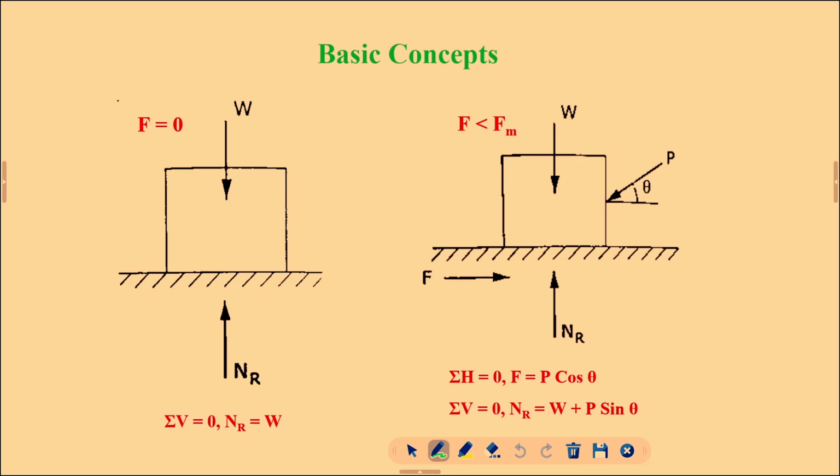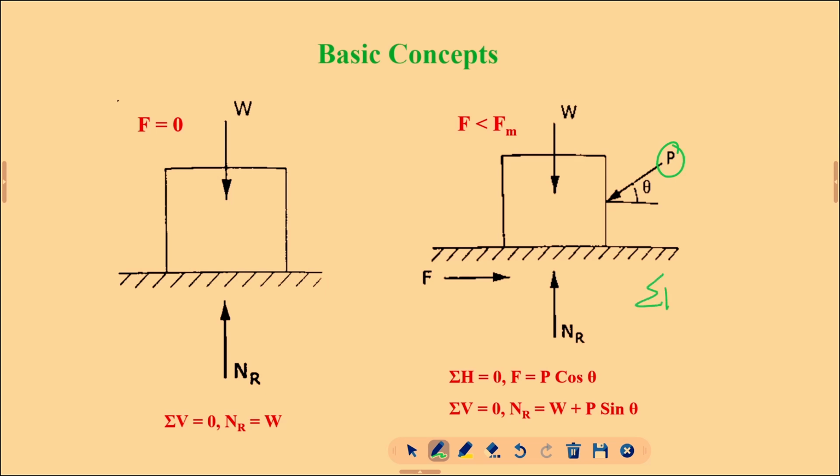This force should exceed the frictional force, then only the object will move, or else it will again be in equilibrium. So, you need to draw the free body diagram. What are the directly involved forces? Self weight, the normal reaction, the force P you are applying, which acts with respect to the horizontal as P cos theta, and opposite to it is your F.